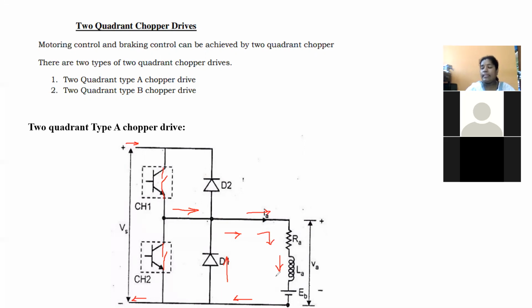That means the inductance delivering current does not affect the supply voltage. Because of this purpose, you are going to connect a diode here. So in order to provide the current for the discharging of the inductance, a diode D1 is going to be connected here.